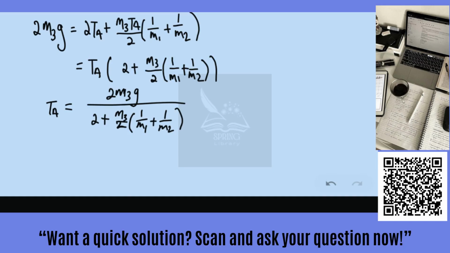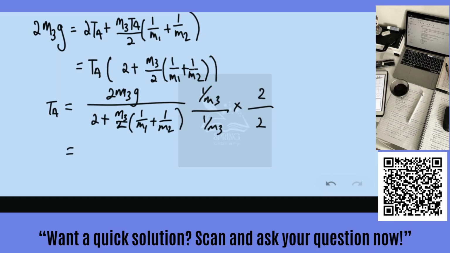Alright, and we can actually simplify this expression a bit by dividing everything by m3 and then multiplying by 2 over 2.